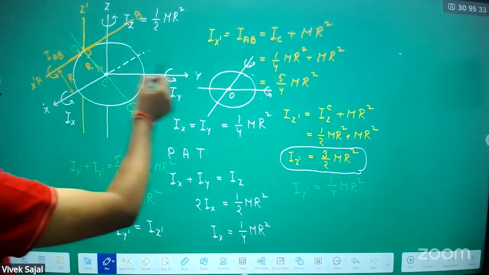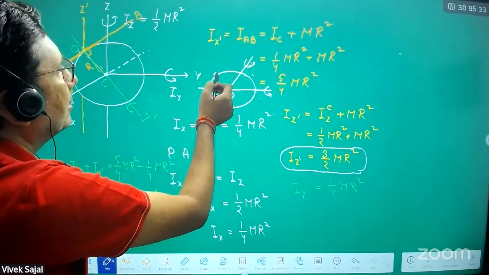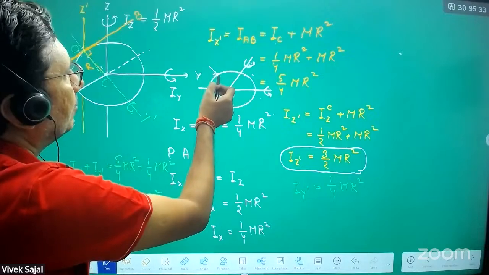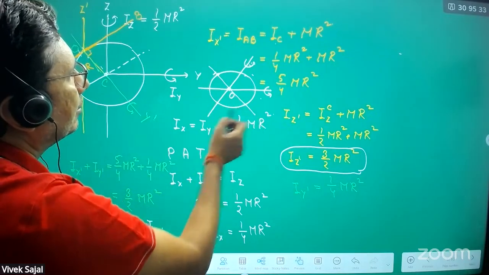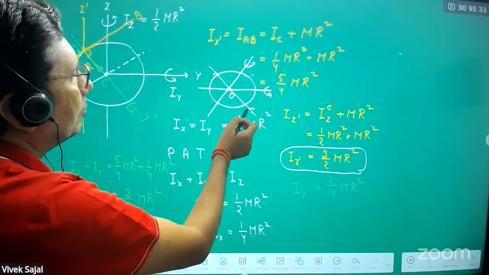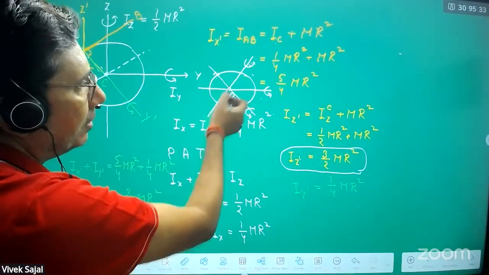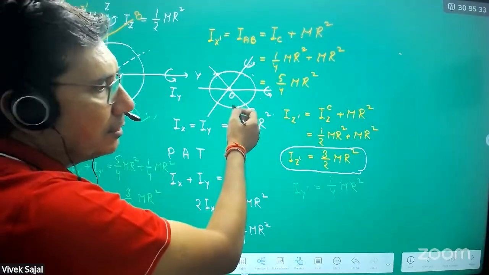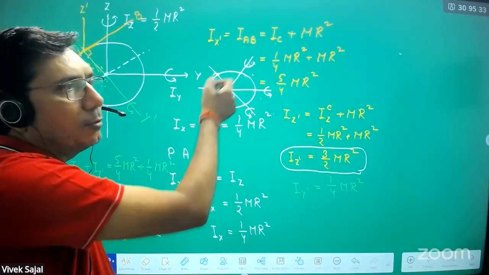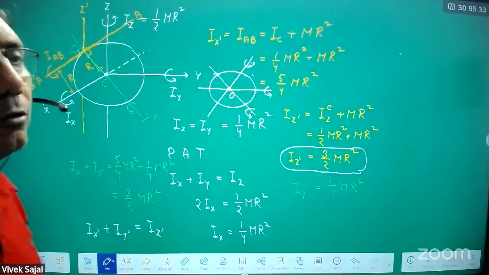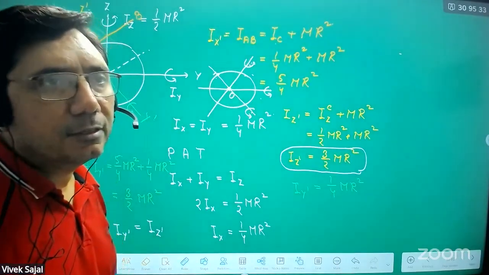Now consider this point, somewhere here. So this disk will be like this. I'm saying you are rotating about this, so this is also similar. On rotating this disk about any of these axes, you are going to get a sphere during rotation.